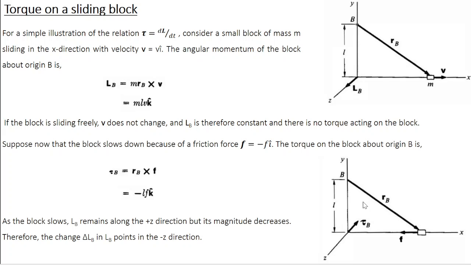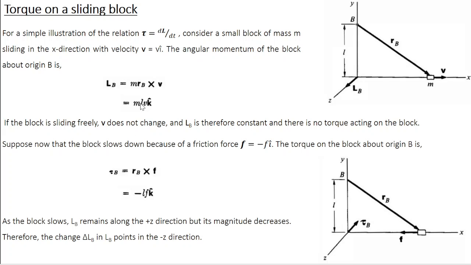So once again you have to resolve into parallel and perpendicular components, and the cross product with the parallel component will vanish. You have only the perpendicular component whose magnitude is l, and force F is given by minus f. So when you do the substitution you will get this as minus l f k cap.